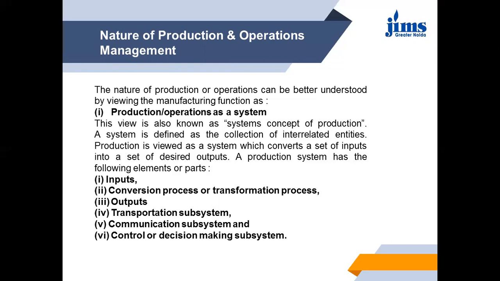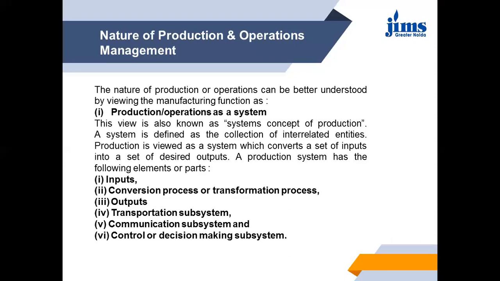The first one is production and operation as a system. I just mentioned in the previous slide that production and operation works like a system. That means the production and operations department is a total system which has some interrelated elements or subsystems, which are inputs, conversion process or transformation process, outputs, transportation and storage subsystems, communication subsystems, control and decision-making subsystems.